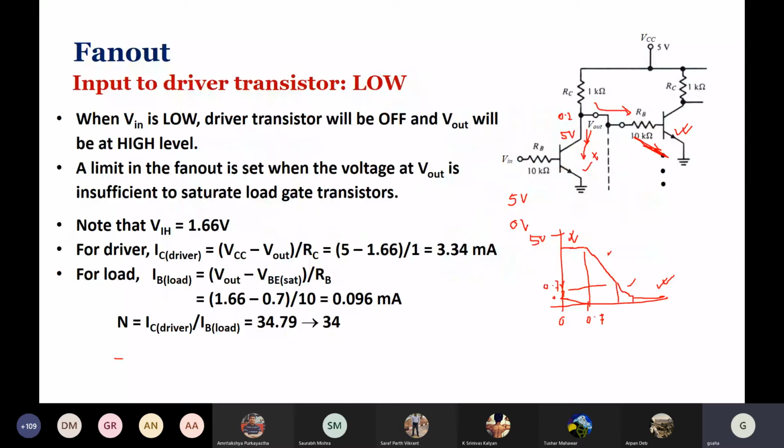Now this gives us something to ponder about, to think about. With one, this is the case. If I connect another two such loads, then more current will flow because that will also get a path, another similar such device.